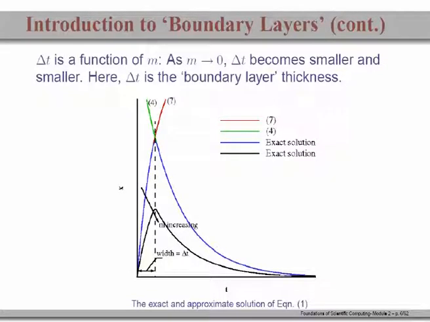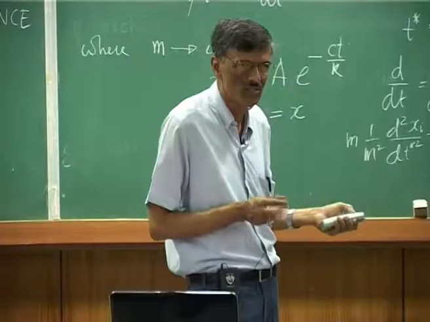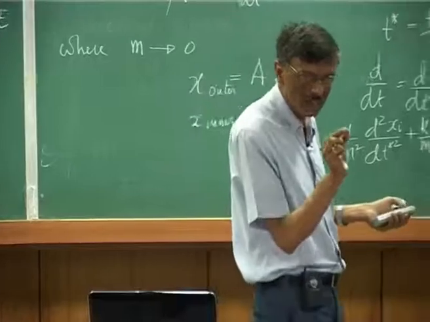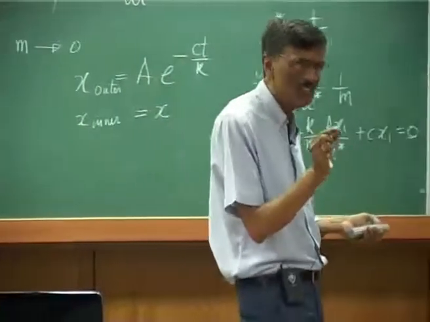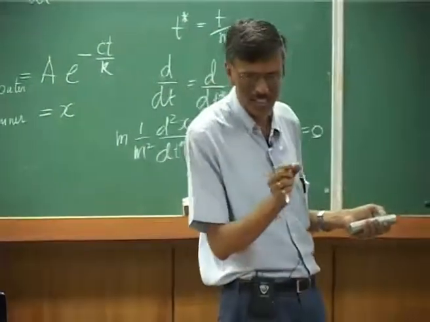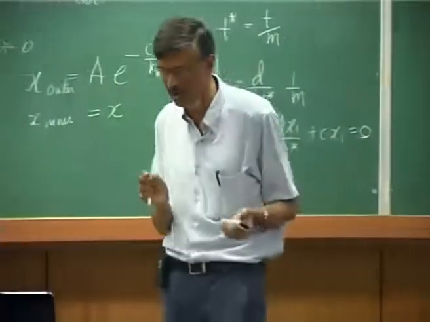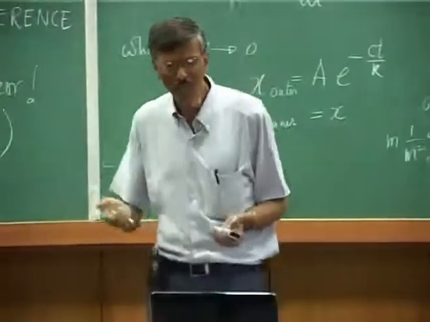Of course, you can get an exact solution, which we have shown here for a couple of m's. As we decrease m, we find the solution becomes steeper and steeper, and the width over which the inner solution is valid becomes narrower and narrower, and that is the reason that we call this a boundary layer. It is a very thin layer adjacent to the boundary. Okay.